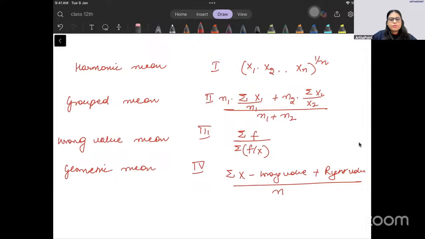Okay, fine, good. Harmonic mean, grouped mean, wrong values, geometric mean.